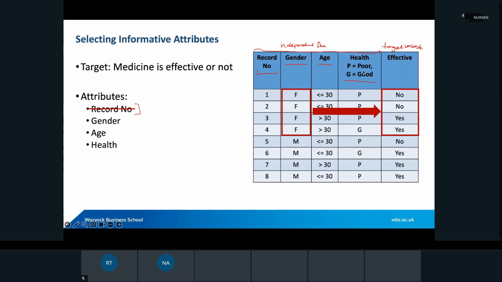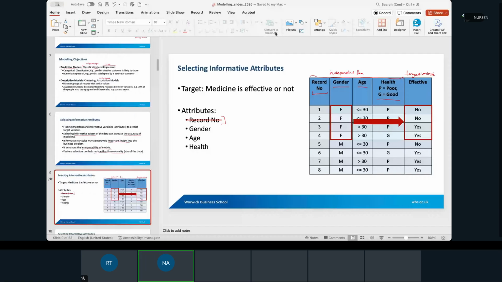Okay, let me quickly check the chat. Can you say whether the medicine is effective or not? What do you think, if you know the gender of the patient? Only the gender, you don't know the rest.